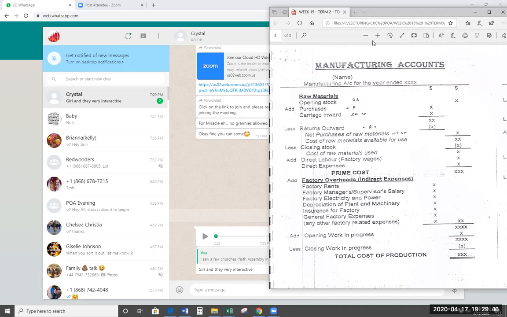I said the cost of producing an item is made up of 3 direct items. What are they? The raw materials. That's one of them. Direct materials, direct labor, and direct expenses.